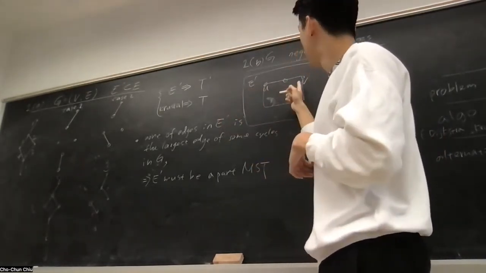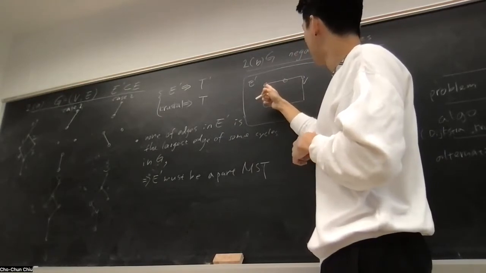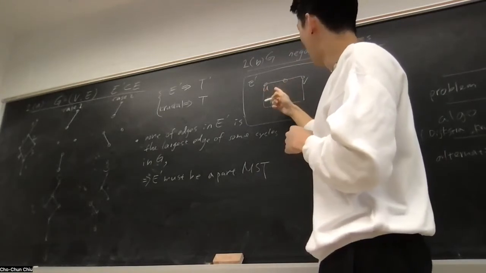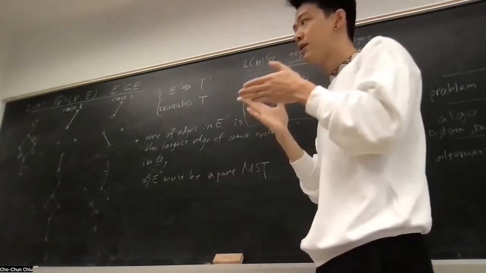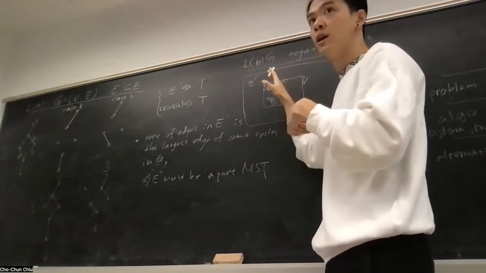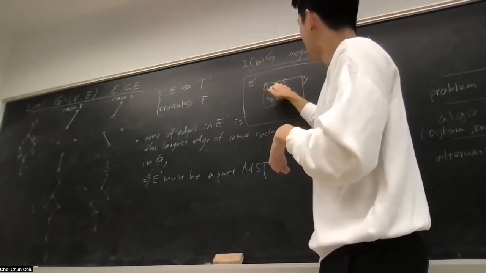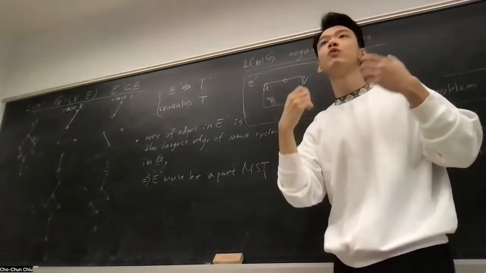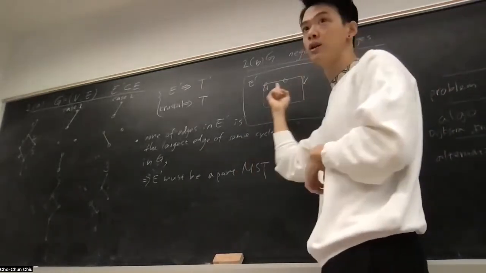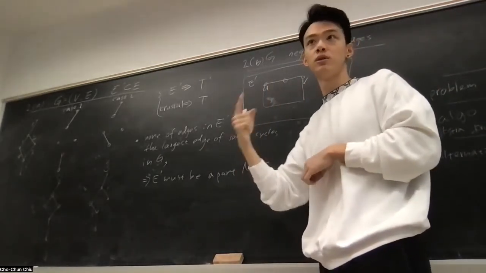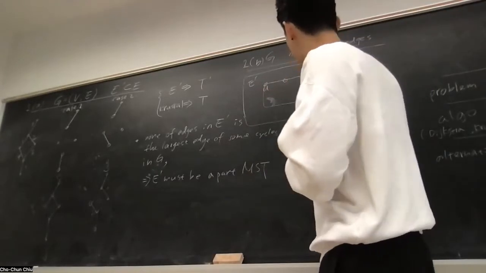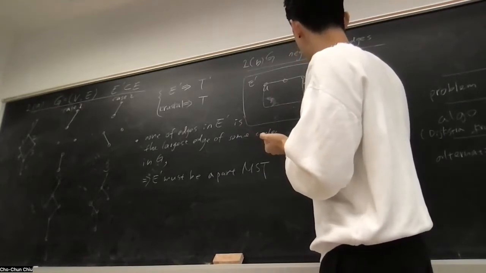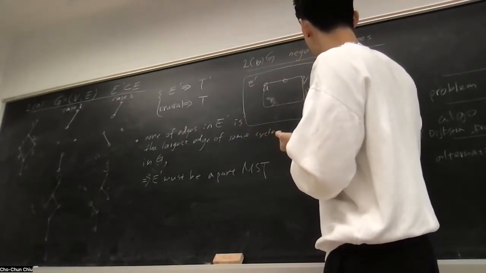Because U and V are not connected by this path. We want to have an MST that can connect U and V, but that MST does not contain this path, so we definitely have to have another path to connect U and V. Question? So let's just assume this part is going to be another path, and this part is going to be part of MST.